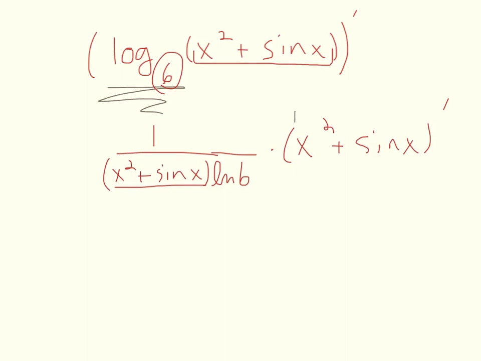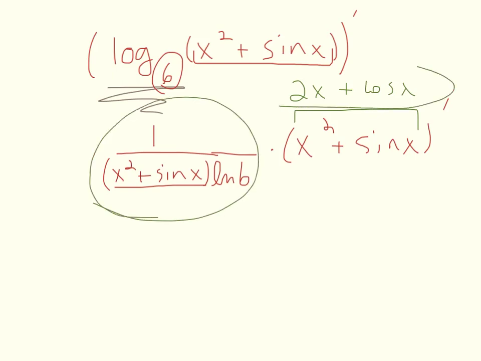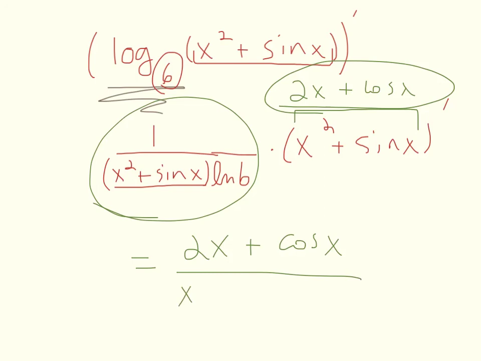Okay, the derivative of x squared plus the sine of x is 2x plus the cosine of x. So therefore, the answer is this quantity times this, or 2x plus the cosine of x divided by x squared plus the sine of x times the natural log of 6.